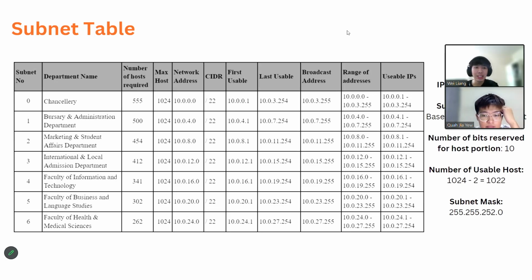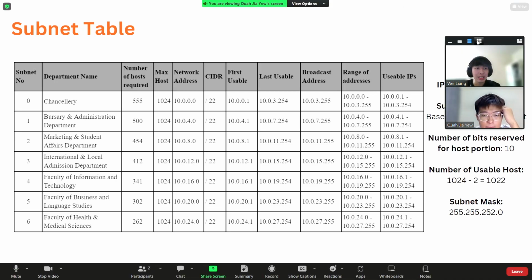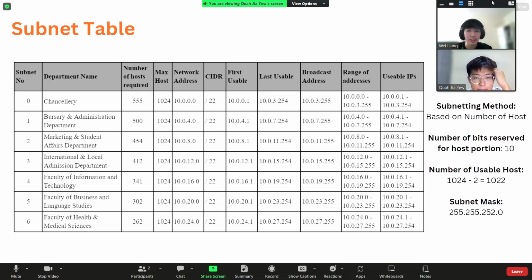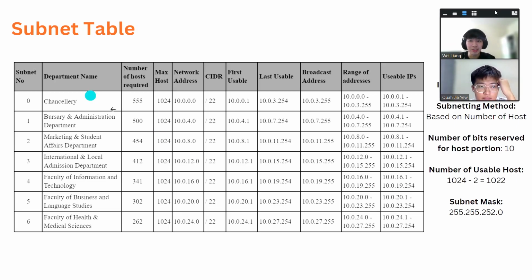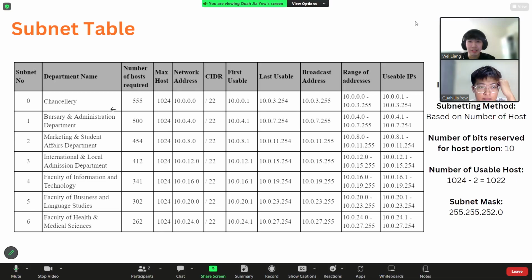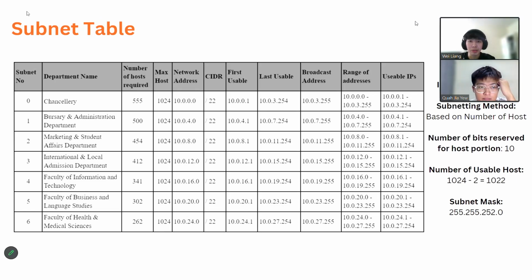So the network address, same as the IP address, is 10.0.0.0, and the broadcast address is 10.0.3.255. To find the first usable, it is the network address plus 1, so it will become 10.0.0.1.